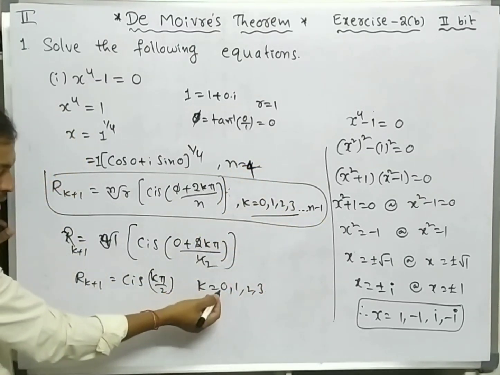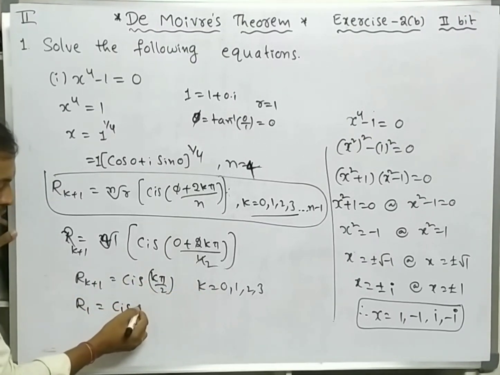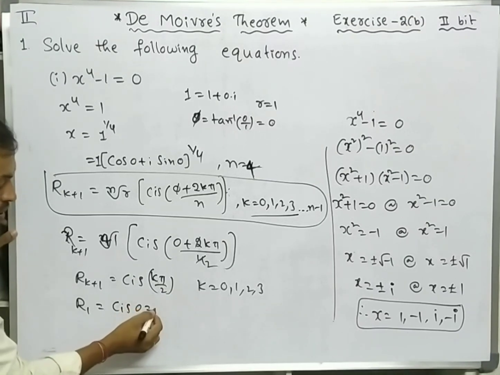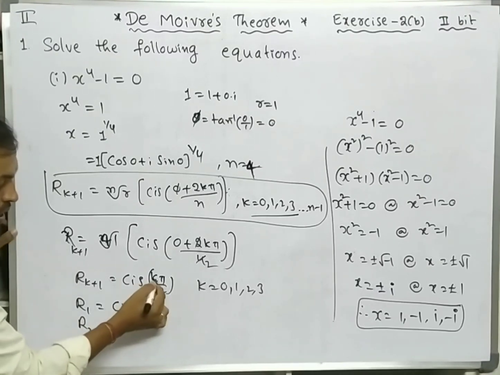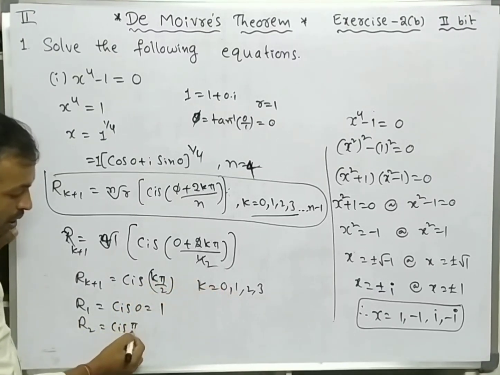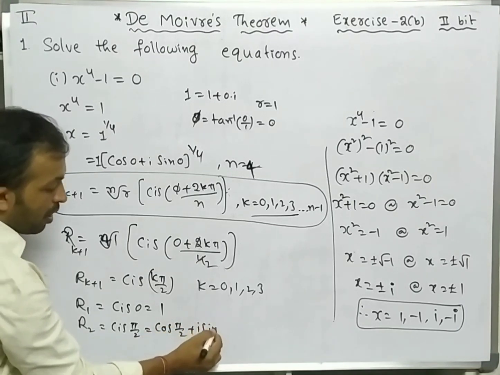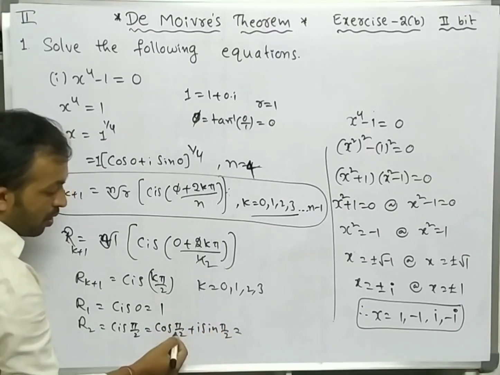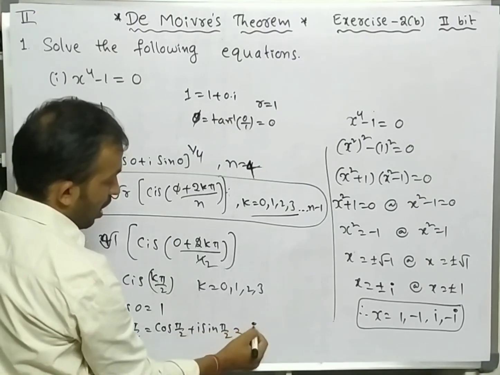So substitute 0. Then r1, the first root, is cis 0, that is cos 0 plus i sin 0, which is 1. r2 is cis pi by 2, meaning cos pi by 2 plus i sin pi by 2. Cos pi by 2 is 0, sin pi by 2 is 1, so that is i.